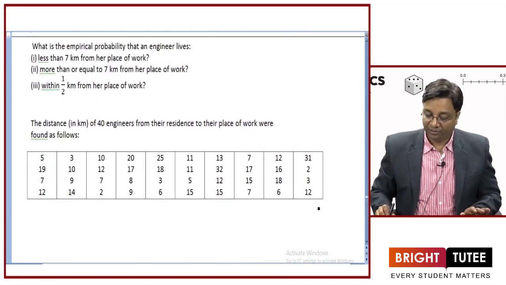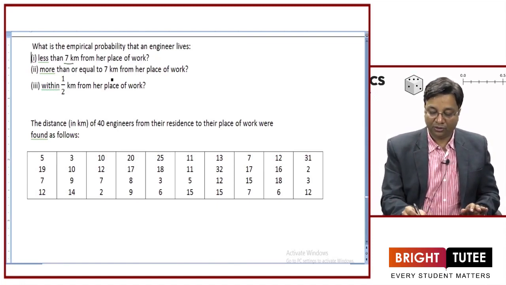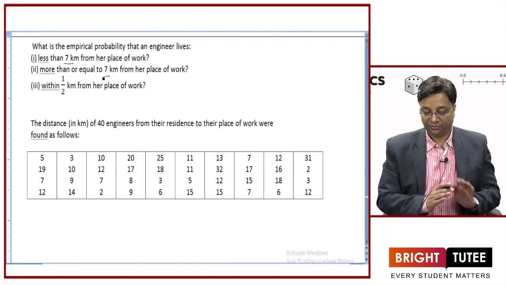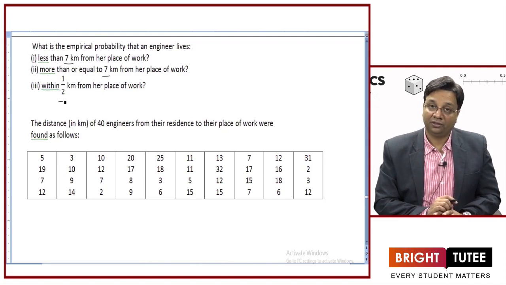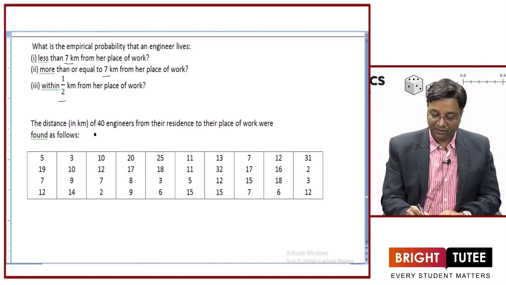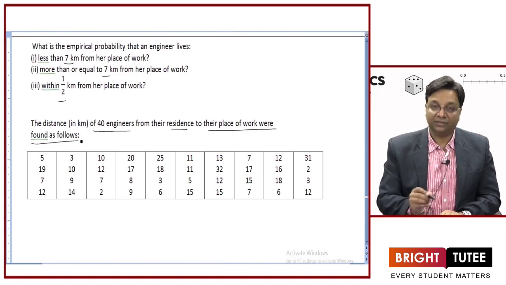What is the empirical probability that an engineer lives less than 7 km from her place of work, more than or equal to 7 km from her place of work, within half a kilometer from her place of work. Now, the distances in kilometers of 40 engineers from their residences to their places of work were found as follows.